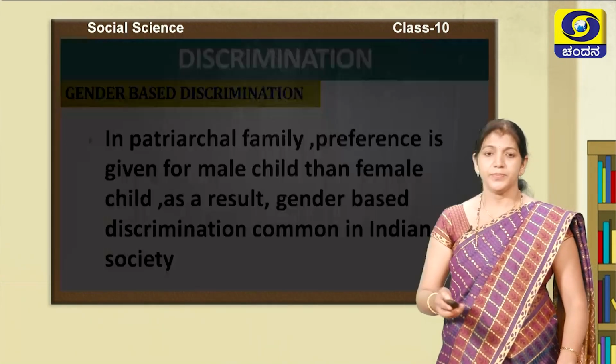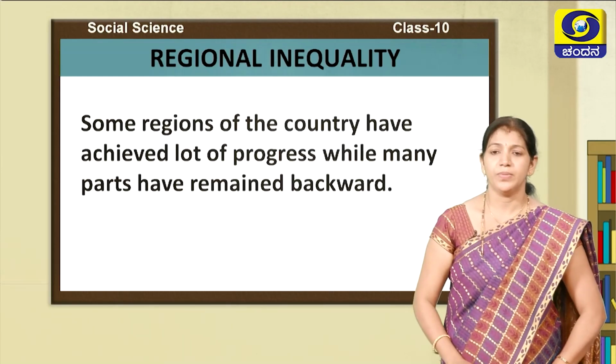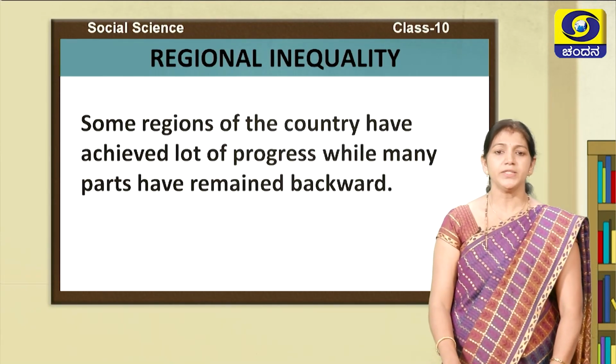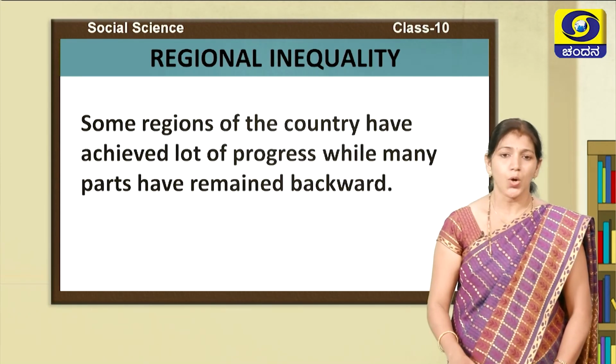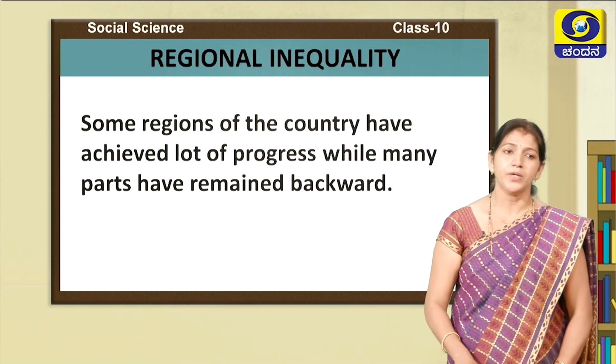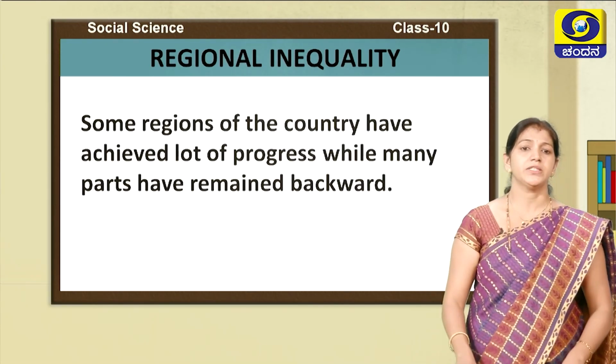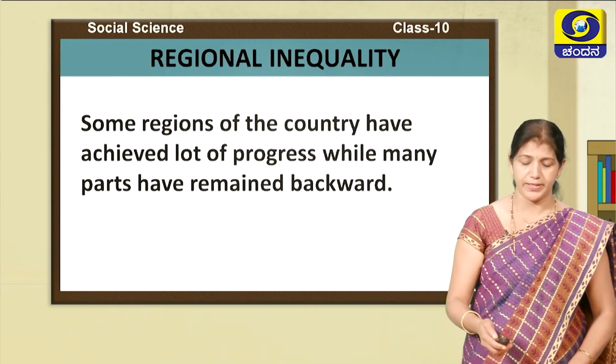Student, next major problem of discrimination is regional inequality. Some regions of the country have achieved a lot of progress, while many parts of the country are backward. This situation is known as regional inequality.